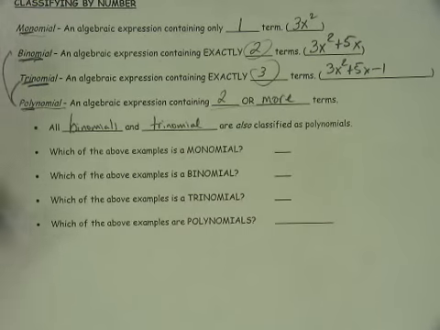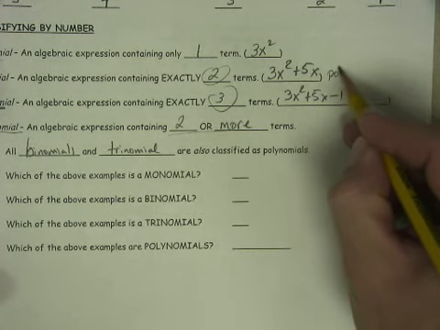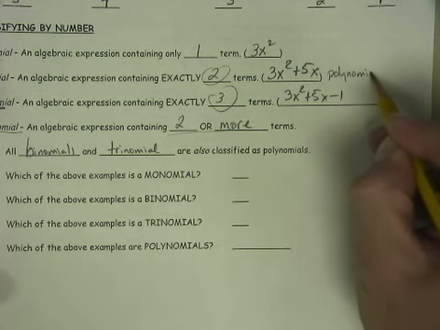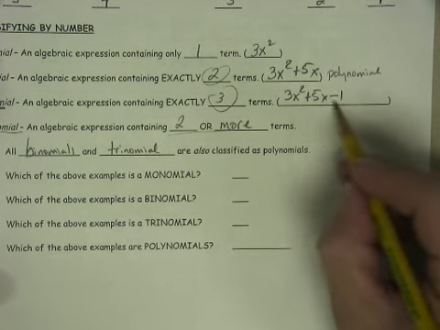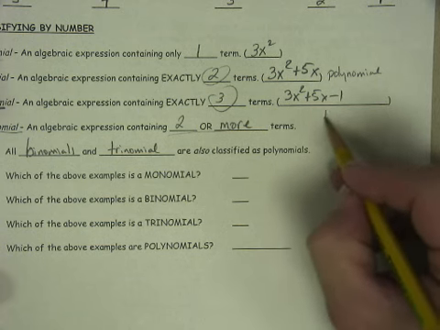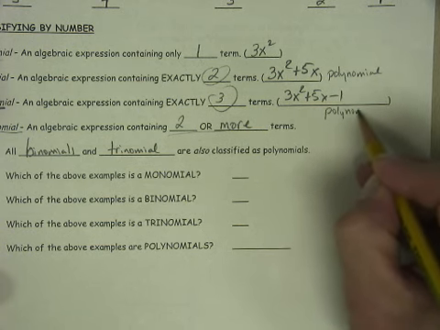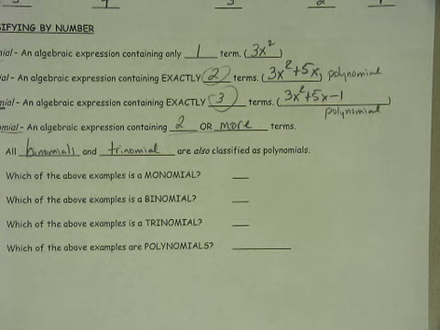I'm sorry, I need to slow down. Binomials and trinomials are classified as polynomials as well. So we could have said this guy up here is a polynomial. And we could have also said that this guy right here, he's a trinomial. He's got 3 terms. But we could also classify him as a polynomial.